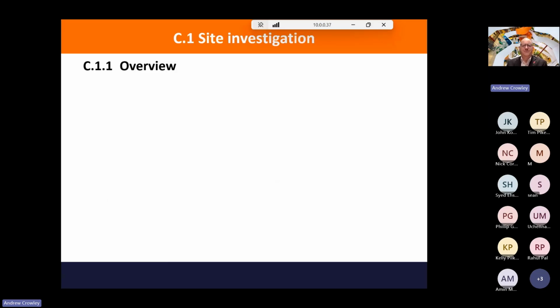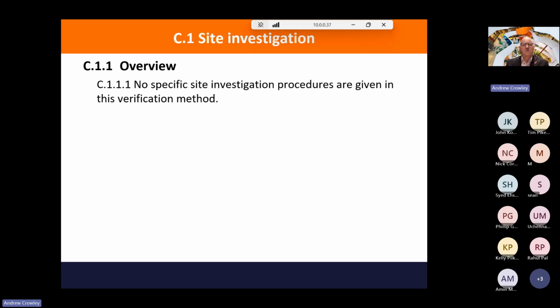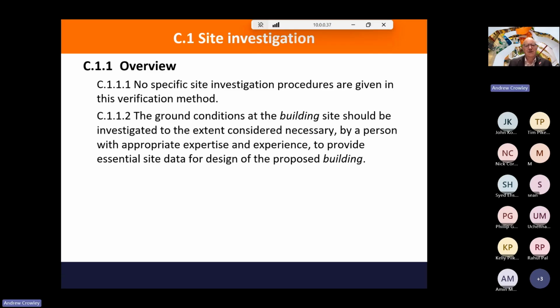Site investigation and the bits that are missing from the code. VM2 doesn't give any information about site investigation, but it's telling you that you do need to investigate your site by a person of suitable expertise and experience, i.e. usually a geotechnical engineer.